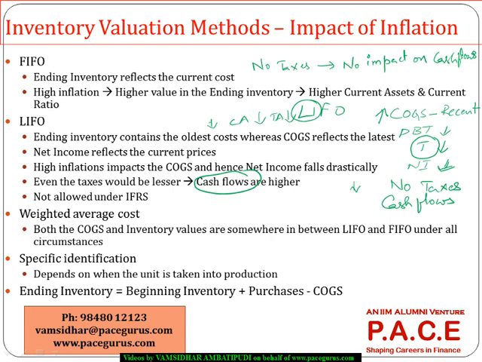And when you look at the weighted average method, it is more or less even. The cost of goods sold as well as the inventory, both of them will be in between the LIFO and the FIFO methods during an inflationary kind of environment.